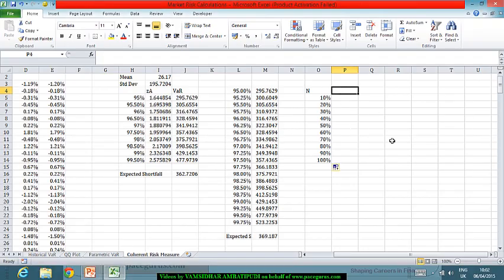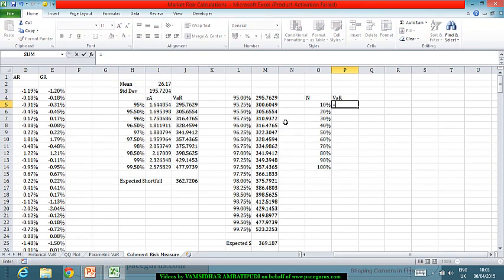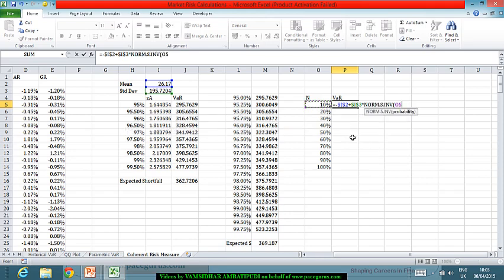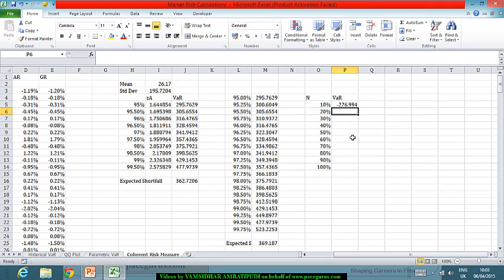Now I'll find out the value at risk corresponding to each of these quantiles. Why only 95%? I would like to find it for each, which becomes minus mean plus the standard deviation times the norm inverse associated with this particular distribution. So here the value at risk comes out to be something around this.